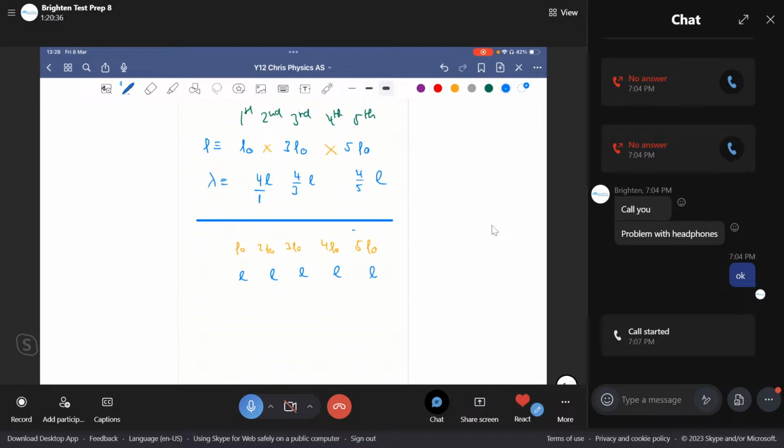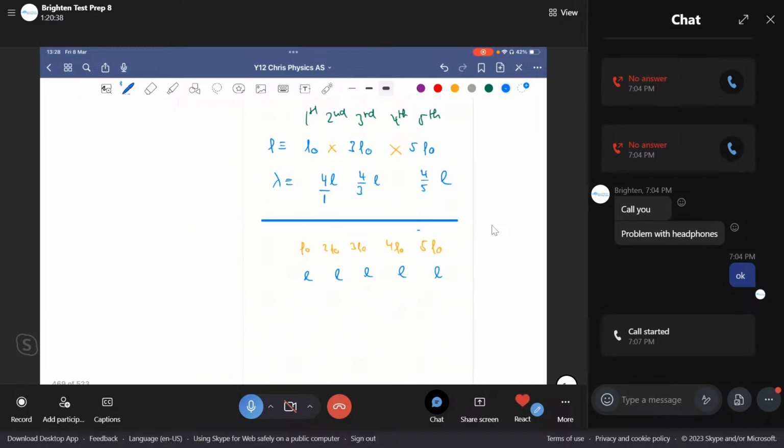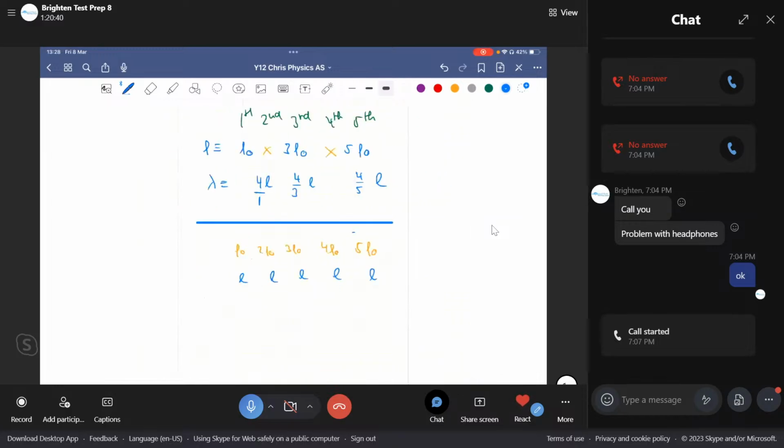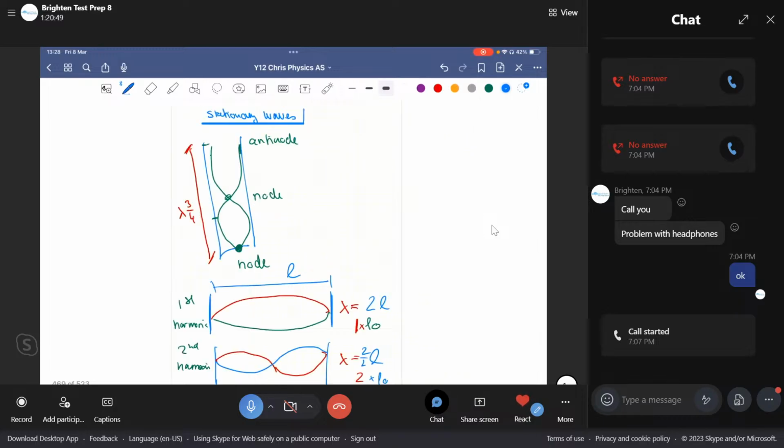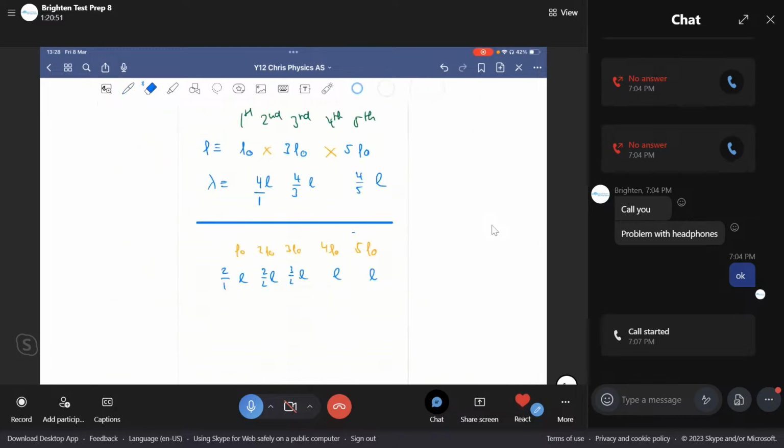And because it starts at 2, of course we have 2 divided by 1. Then we have 2 divided by 2, 2 divided by 3, 2 divided by 4, and of course 2 divided by 5.